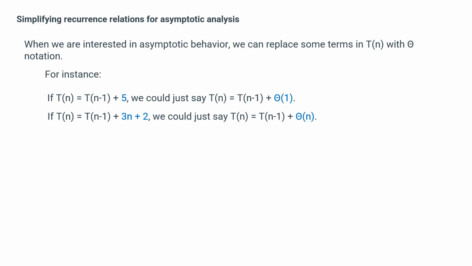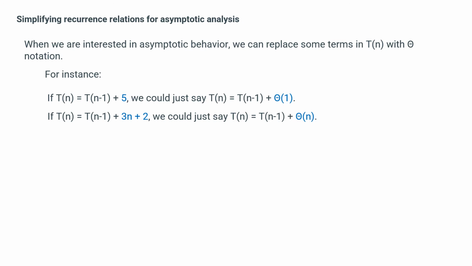For one thing, right here on this slide, we're talking about recurrence relations like the first one, T of n equals T of n minus 1 plus 5. If we're interested in the asymptotic behavior, then we could replace everything except for the T's with theta regarding the asymptotic growth.